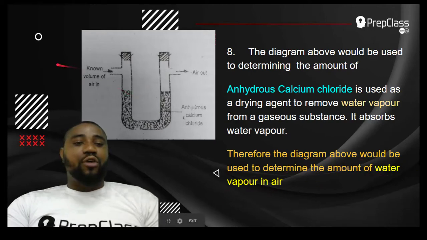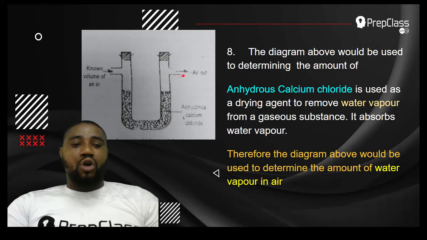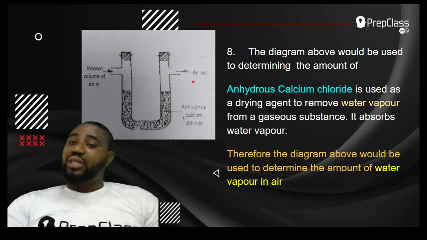So I said that therefore the diagram above would be used to determine the amount of water vapor in air. Now, they said known volume of air. Let's say 50 cm cube of air entered here. Then here, after it has absorbed some moisture, let's say 47 cm cube of air was gotten here. So if you now say 50 cm cube that entered minus 47 cm cube that went out, it simply means that the amount of water vapor is now 3 cm cube.